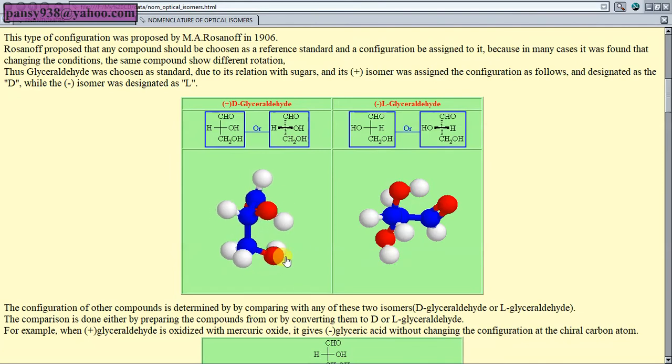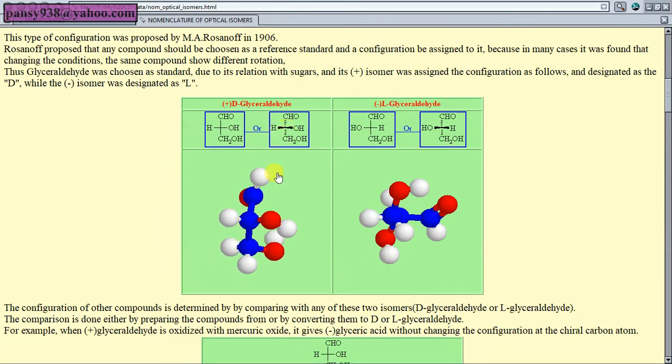Let me arrange them as the two-dimensional diagram. You see that this is the functional group CHO, the second carbon which is the chiral carbon, and the third is the CH2OH group. Or with wedge and dash diagrams it can be represented this way, and the three-dimensional model of this compound is like this.